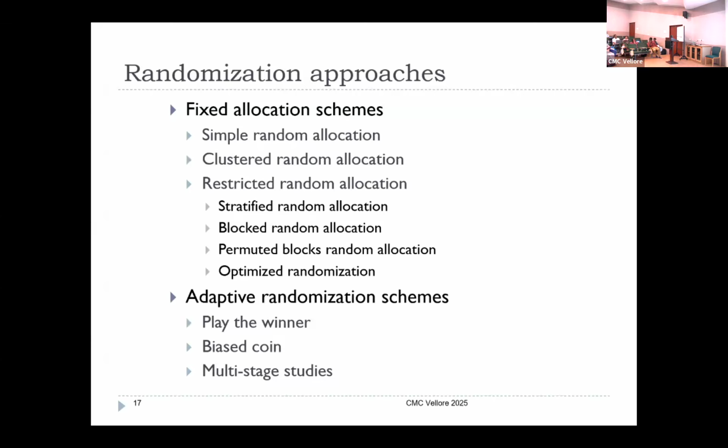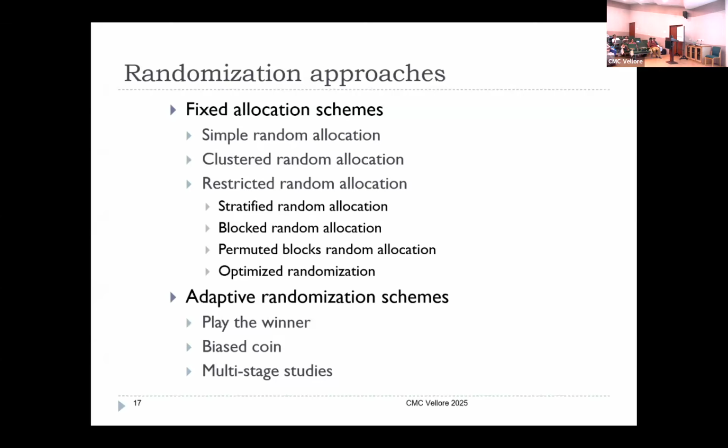And we'll talk about some of the adaptive randomization schemes. We also will have a lecture, I think tomorrow, on adaptive designs, which are much more topics on multistage. We'll talk about SMART designs, etc. But let's look first at the basics of randomization and how we do it.